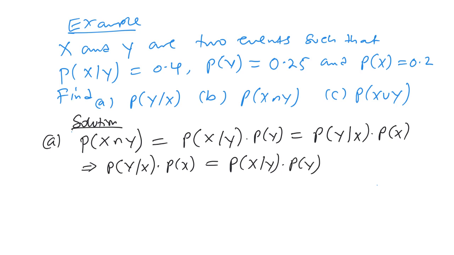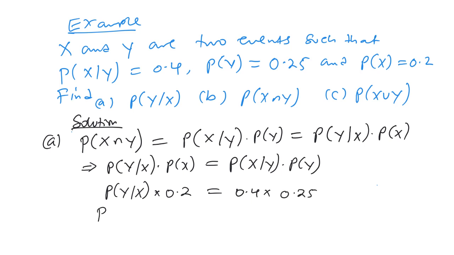So we can make a substitution here. The probability of y given x multiplied by P of x, which is given to us as 0.2, will be equal to the probability of x given y, 0.4, times the probability of y, which is 0.25.